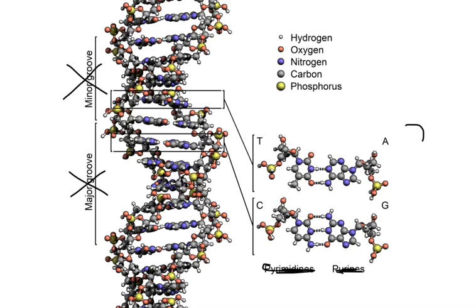So I've got my base pairs here, and two base pairs of nucleotides, right? T always with A, C always with G. And so radiation, ionizing radiation, when it strikes DNA, can have one of two impacts.